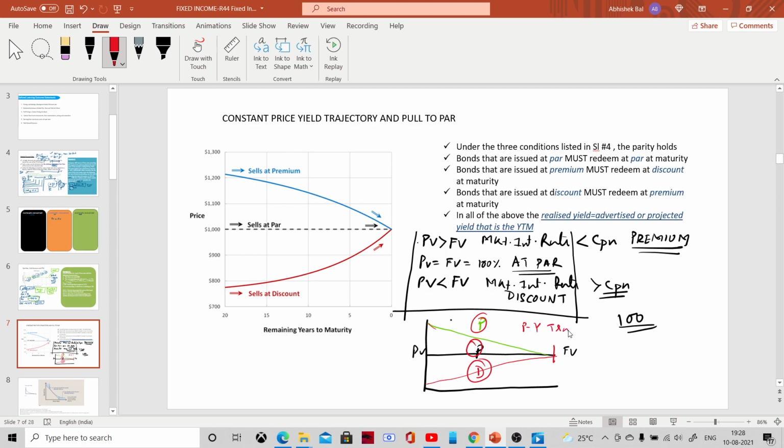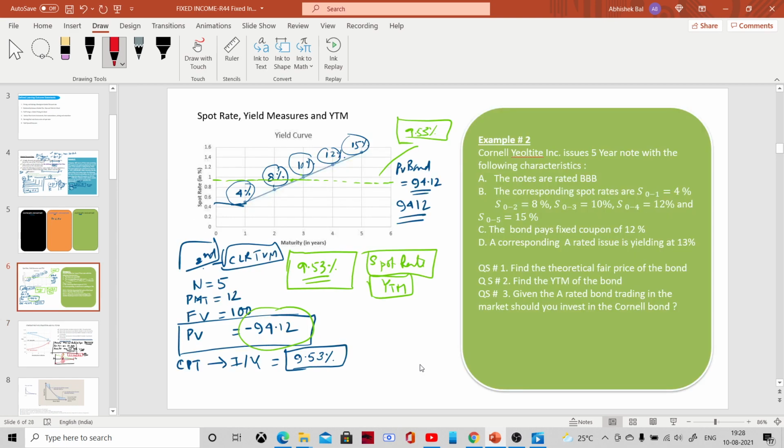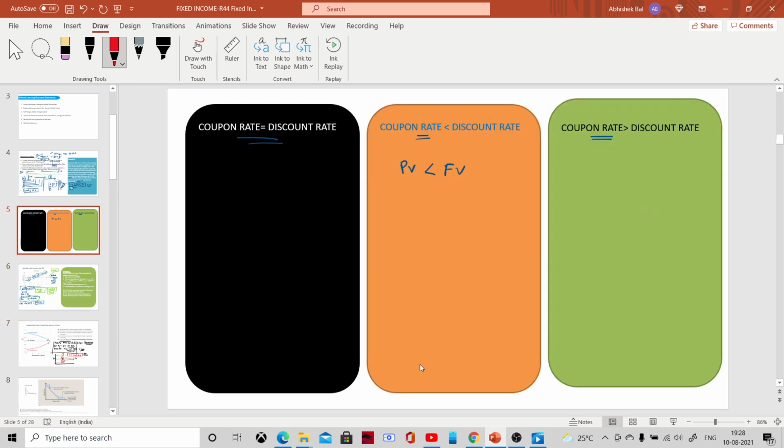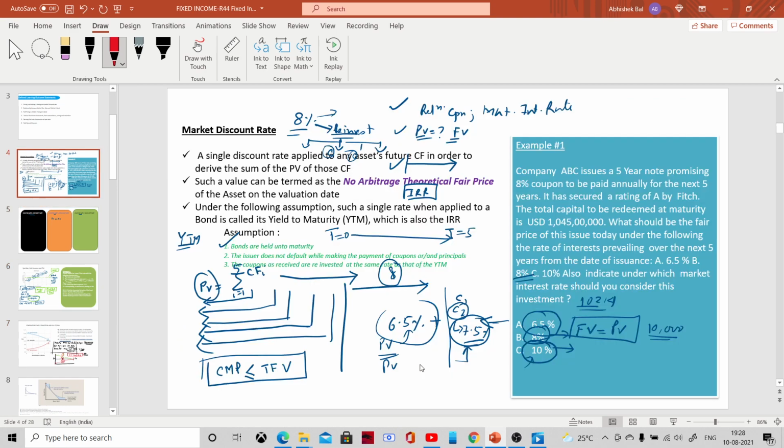Okay, again, this is a very, very important derivation of concept. Again, student candidates are advised to pause the video, read on the video as many times as they want in order to understand this. Okay, so if the issue has been floated at discount, as we have seen earlier, in this particular example, when will it be floated at discount?